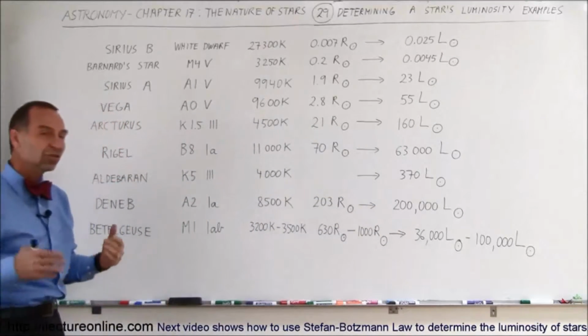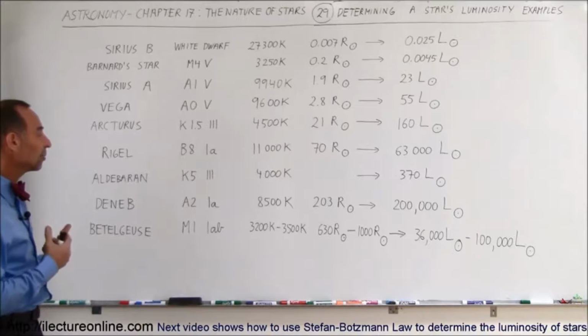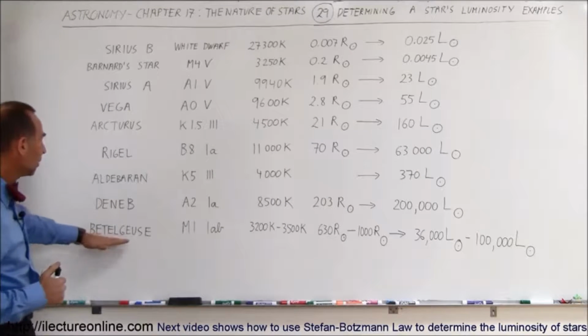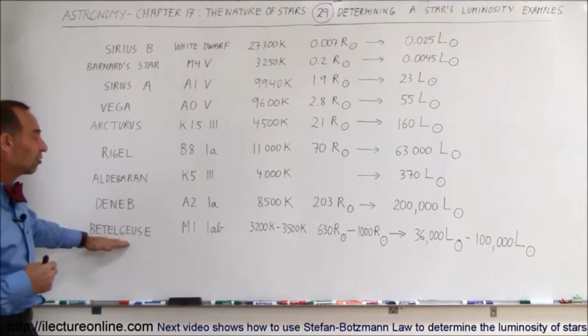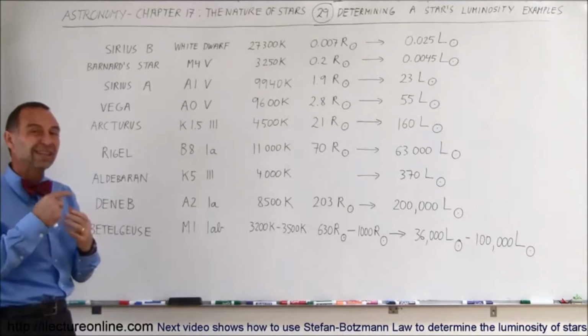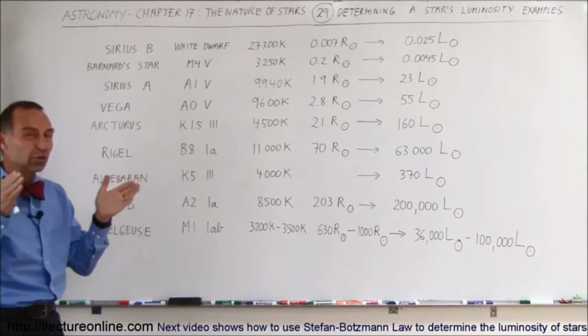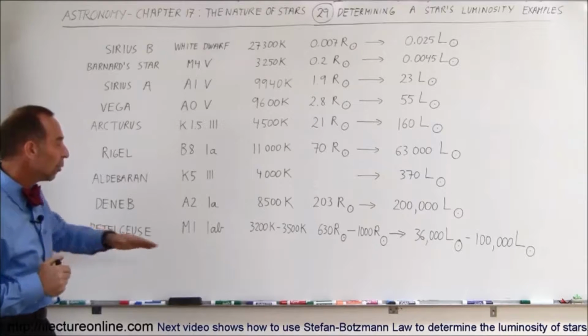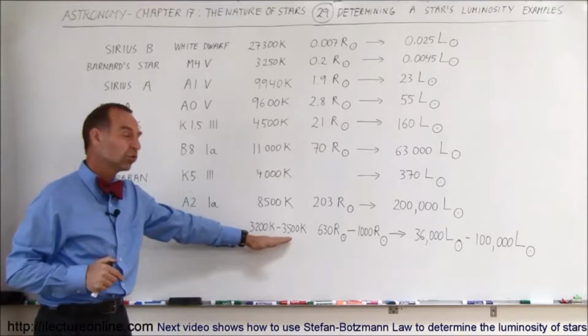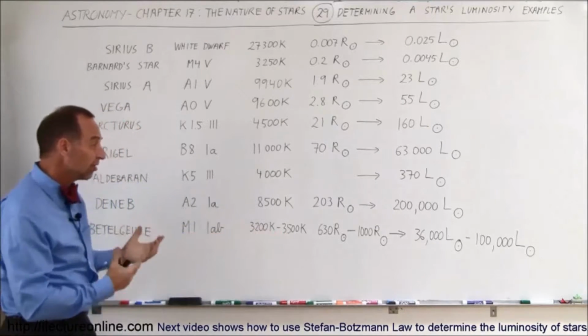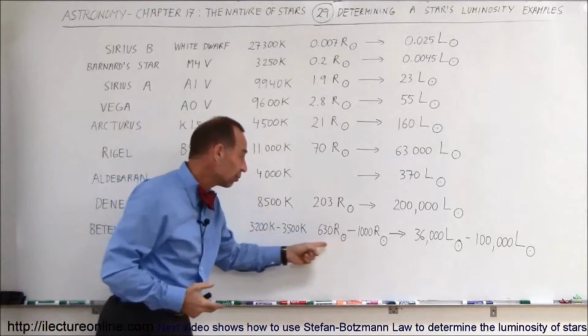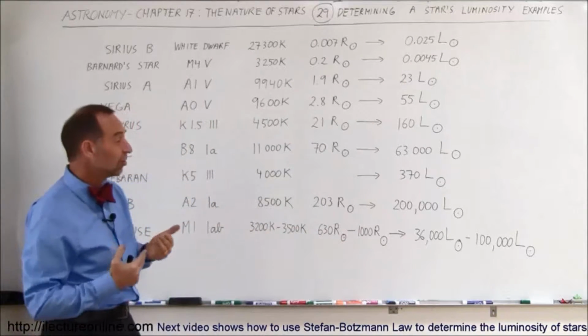And just to give you an example of how difficult it is sometimes to get good measurements, Betelgeuse is a very difficult star to measure. We're still not quite sure what the distance is to Betelgeuse. We're not quite sure what the size of Betelgeuse is, or what the surface temperature is, and therefore you can see that we don't have very accurate measurements for the size since we don't know the distance to the star.